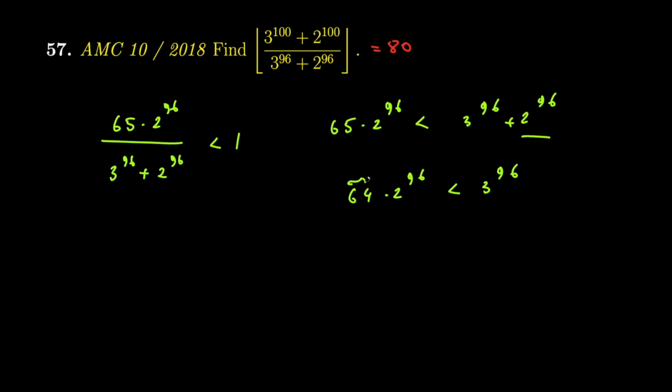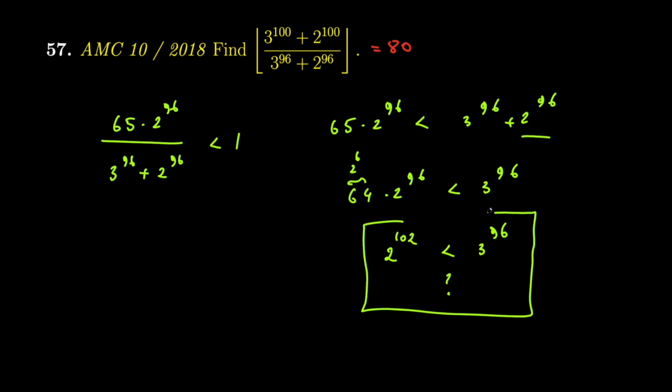This is again a power of 2, 2 to the power 6. So what we have is 2 to the power 102 and 3 to the power 96. Which one is greater? Now the question is to prove these two.